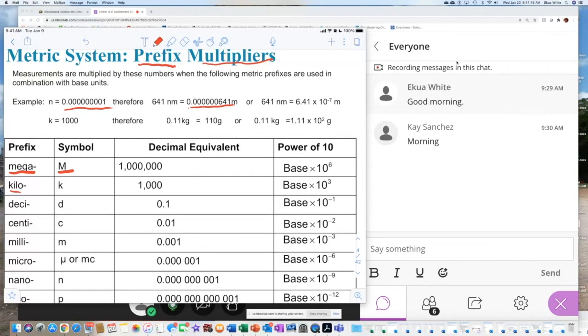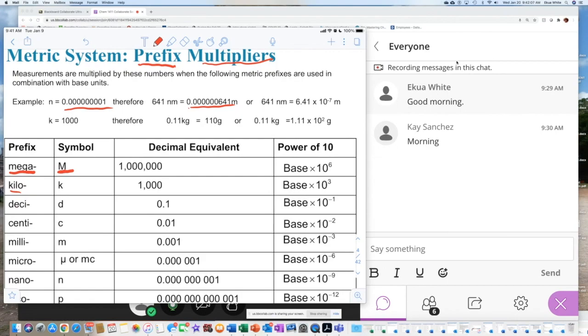Okay, so you're aware of mega, you're aware of giga, even though I don't have it right here in this table. This table is very limited, but you're aware of gigabytes for memory storage in computers, megabytes, kilobytes.